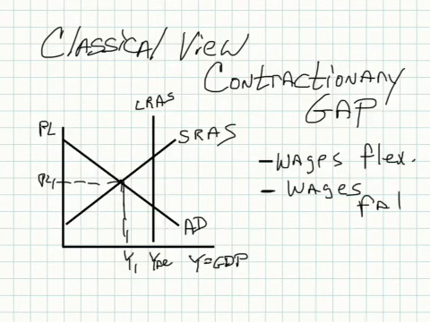Wages would fall. Well, when wages fall, this lowers the firm's cost of labor. And anything that lowers the cost of labor and the price of resources in general causes the short-run aggregate supply curve to shift to the right. It increases. So, short-run aggregate supply curve shifts to the right.